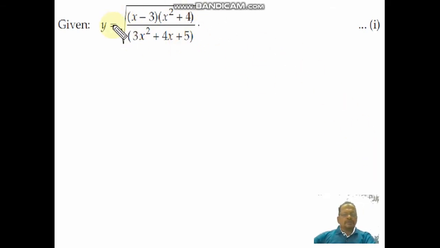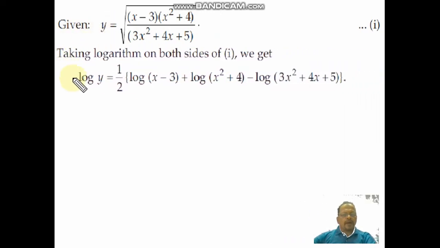Again, solving this without logarithmic differentiation is slightly tedious, and therefore I am applying logs on both sides. Taking logs, we get log y is equal to half of [log (x minus 3) plus log (x square plus 4) minus log (3x square plus 4x plus 5)].